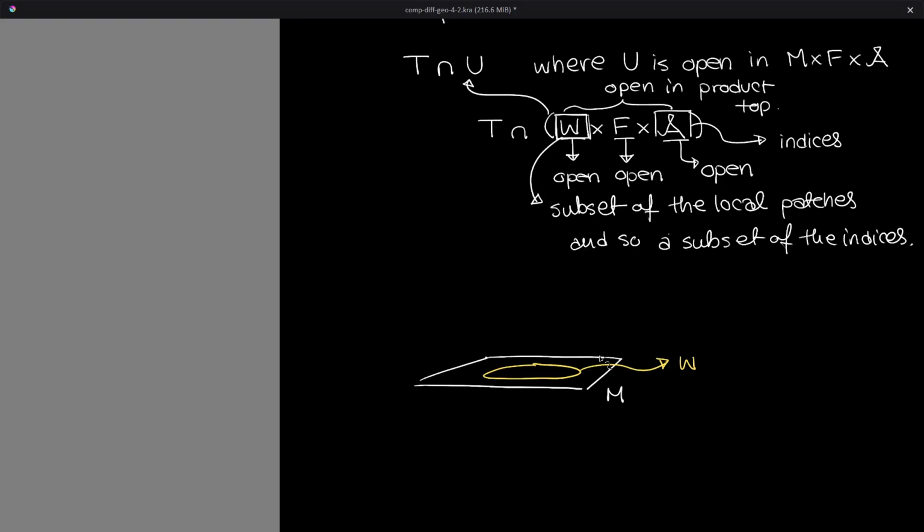So pi inverse, given a base point, will give us back the whole fiber, because the whole fiber would have mapped to that base point. It will do that for every point in W, which will give us this shape here. It's the fibers restricted to W.